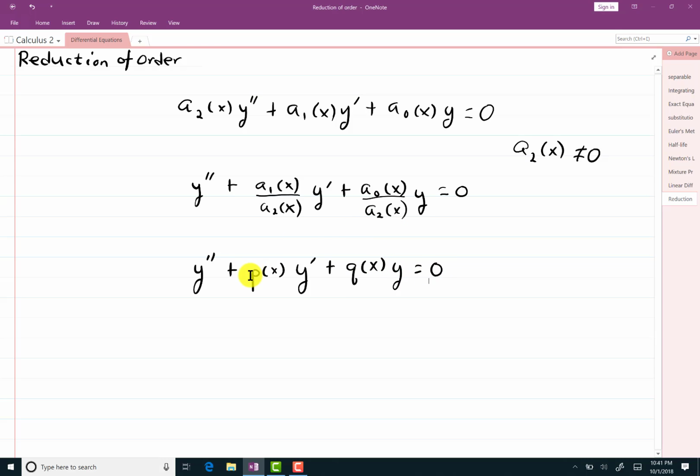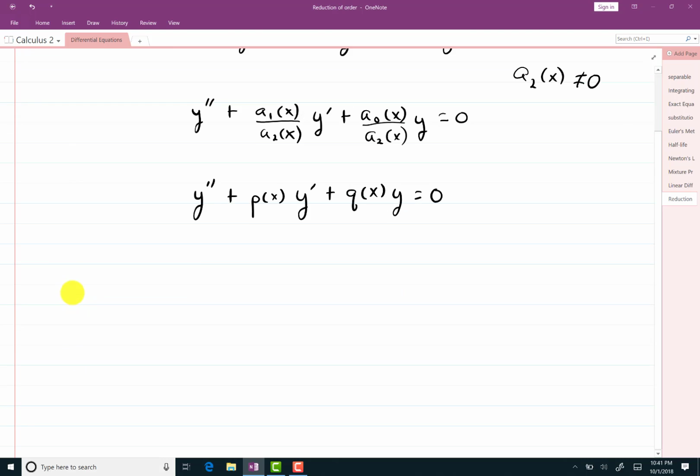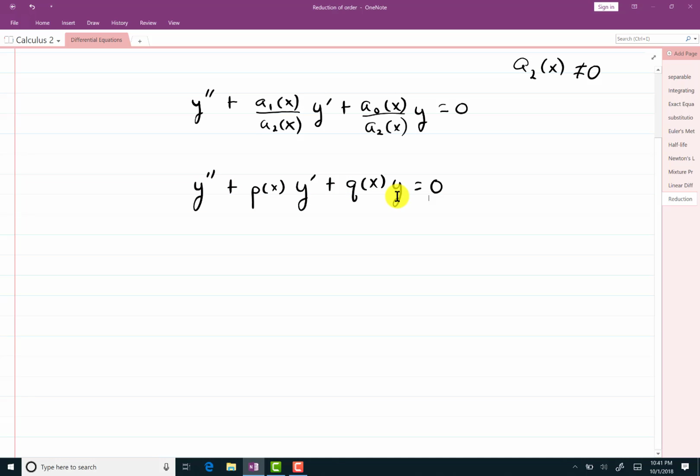We are going to look at equations like this. It'll just be easier to do the computations with it in this format than this crazy format up here. So these are the types of equations that we'll be working with. The very first thing you're going to do is divide whatever's in front of the y double prime out. Okay, let's suppose y equals c1 y1 plus c2 y2 is a solution to this equation.